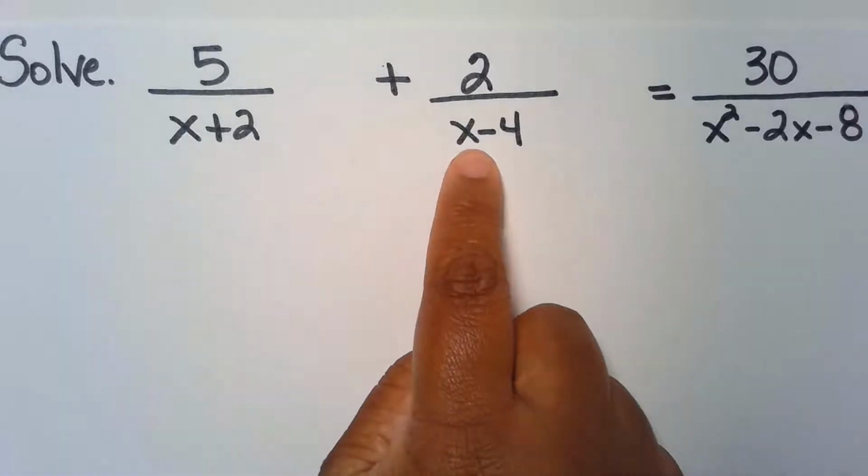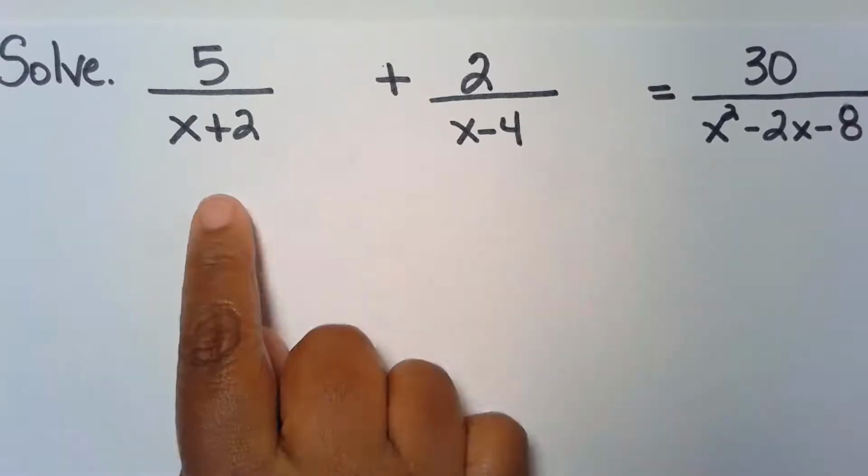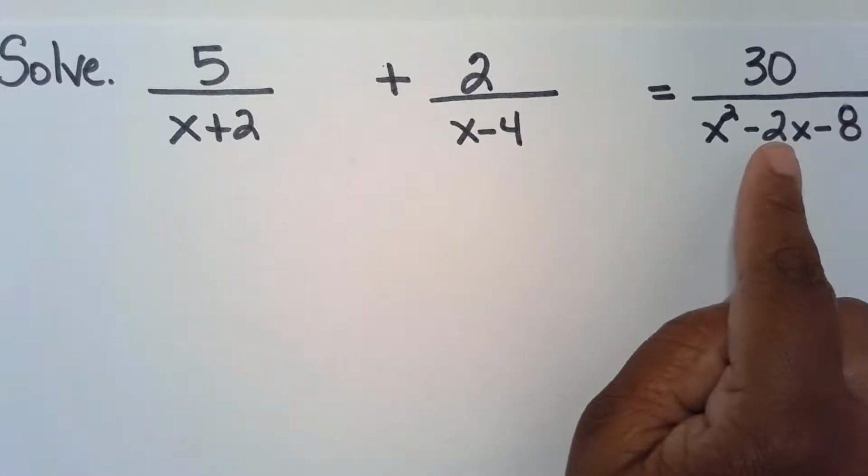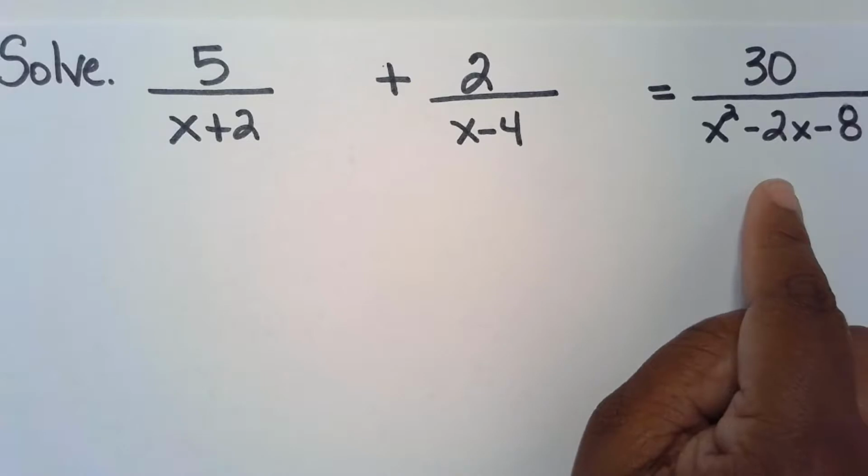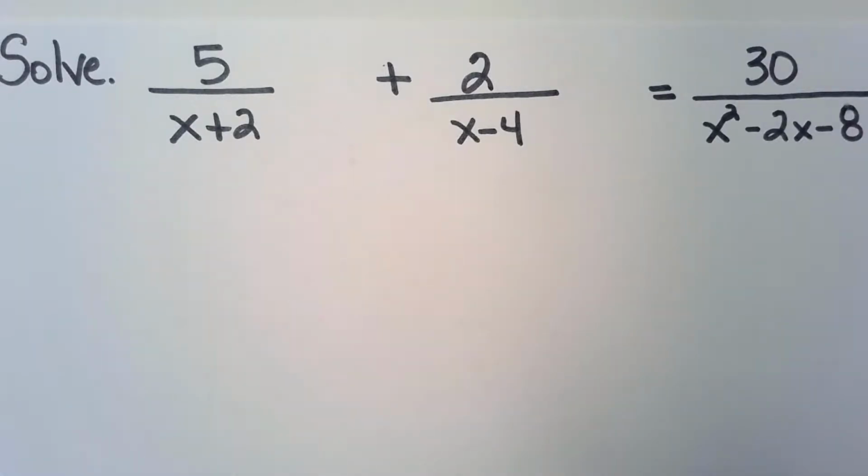in the denominator. Okay, so before we start, what I want us to do is state any restriction that may come up, or the type of solution that we may have, that we cannot have that particular number in the denominator because it will make that denominator undefined.